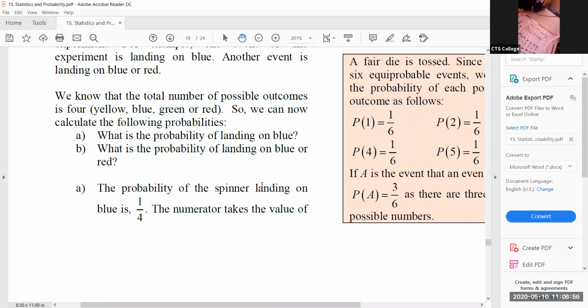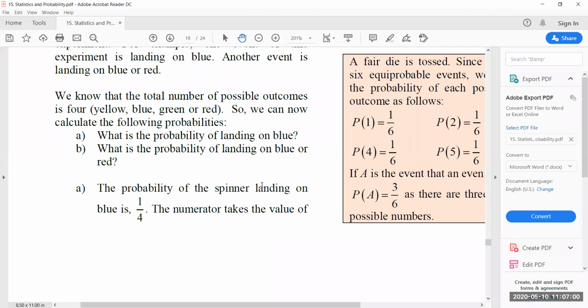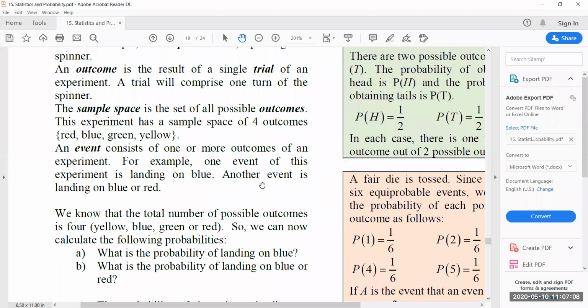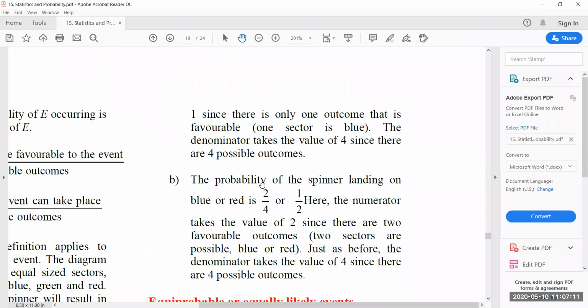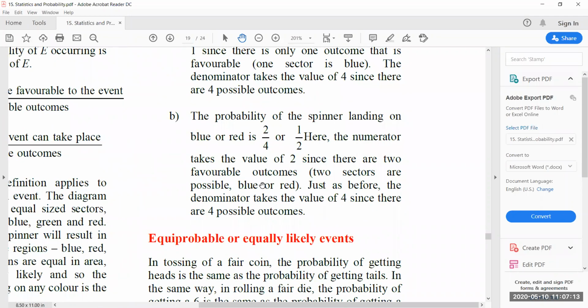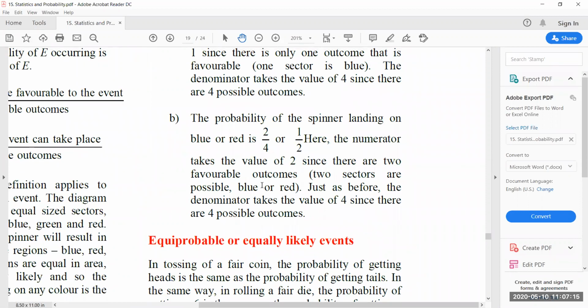Yes, Emily, you are correct. Because remember, it's blue or red. So it's either or. So it's 2 out of the 4, which is a half, right? As you can see here.